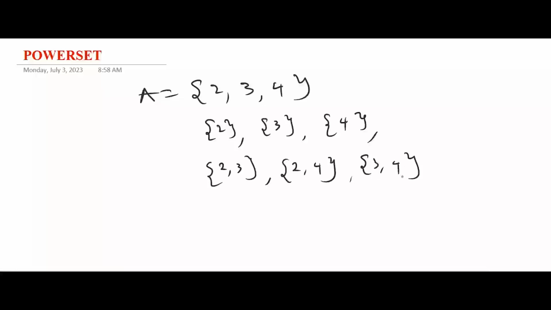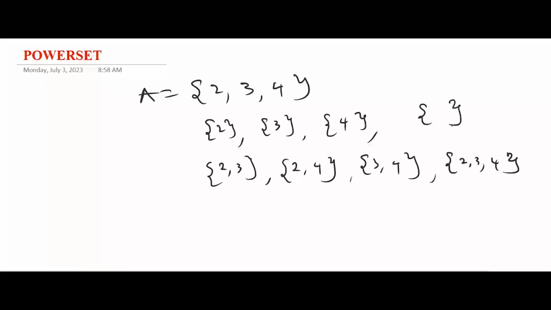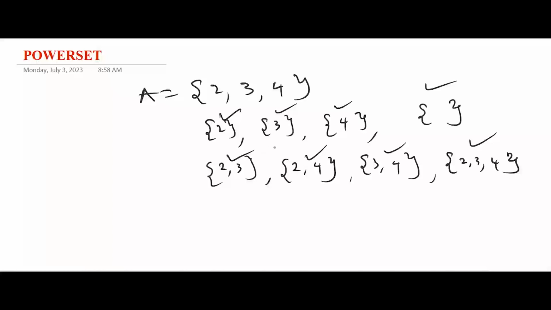Okay, we are almost done. It remains 2. Okay, that will be the combination of the 3. That will be 2, 3 and 4, and the last one is an empty set. Okay, so the power set of set A will be this, and this. Okay, that is a total of 8.